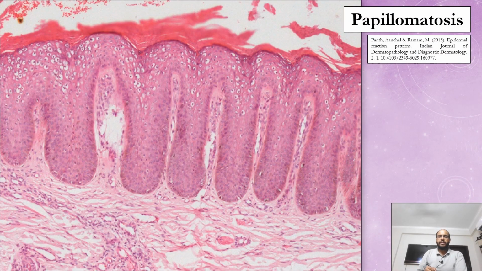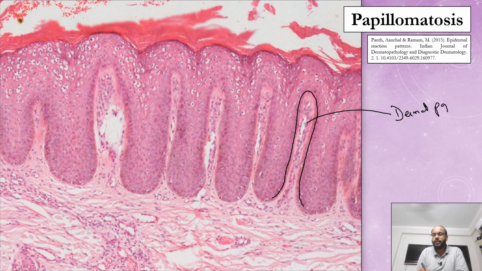The next reaction pattern is papillomatosis. In papillomatosis, what actually happens is you have elongation of the downward projections of the epidermis. Normally, the portion of the dermis which is going up is known as the dermal papilla, dermal papillae.